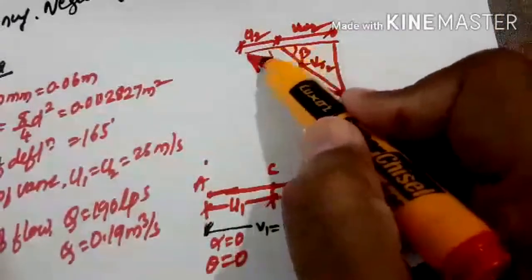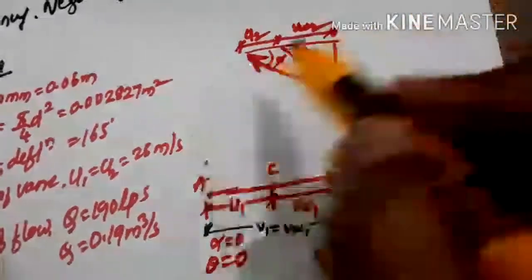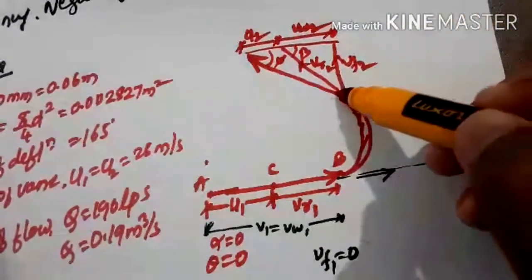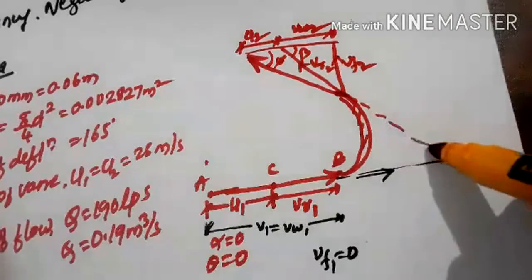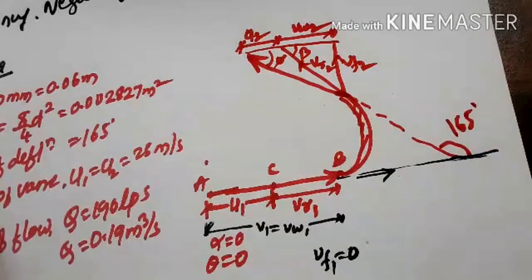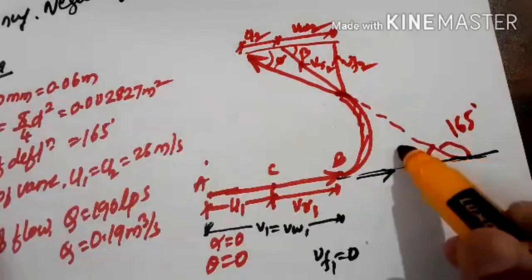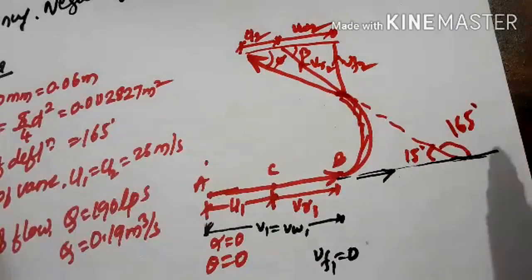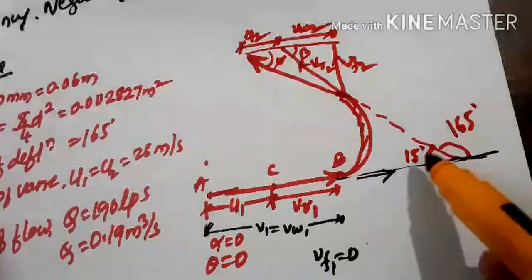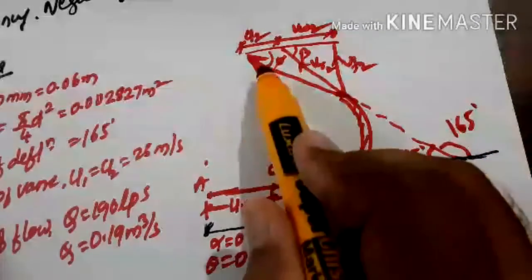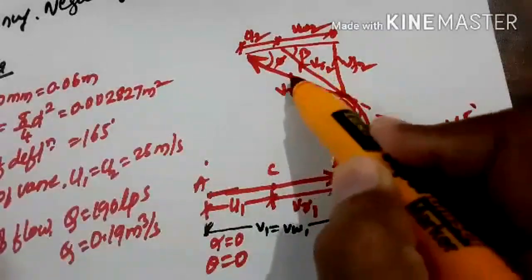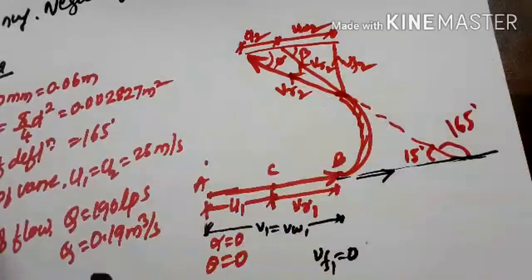Then this angle is phi. Then this will be VF2. You can take the angle of deflection here. The angle of deflection is given as 165 degree, so this angle will become 15 degree. This is the phi, and this angle equals this angle. So this will become VR2, the outlet velocity triangle.